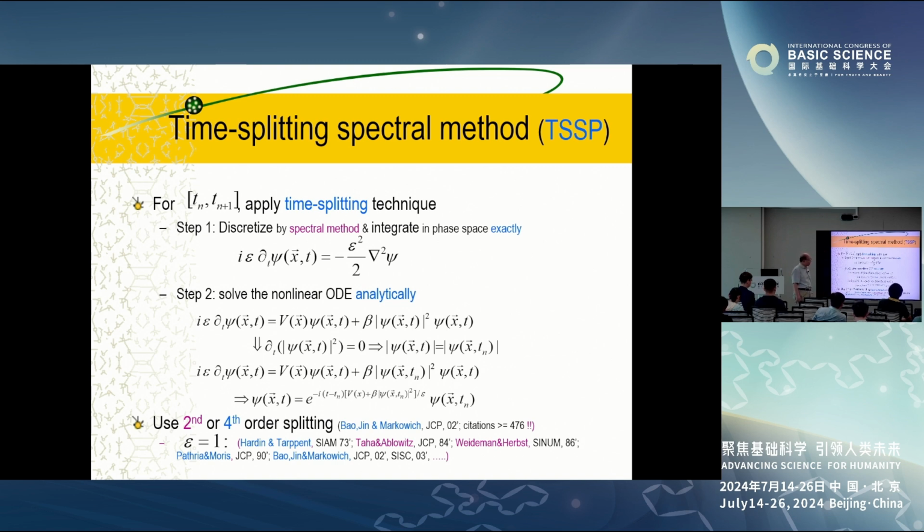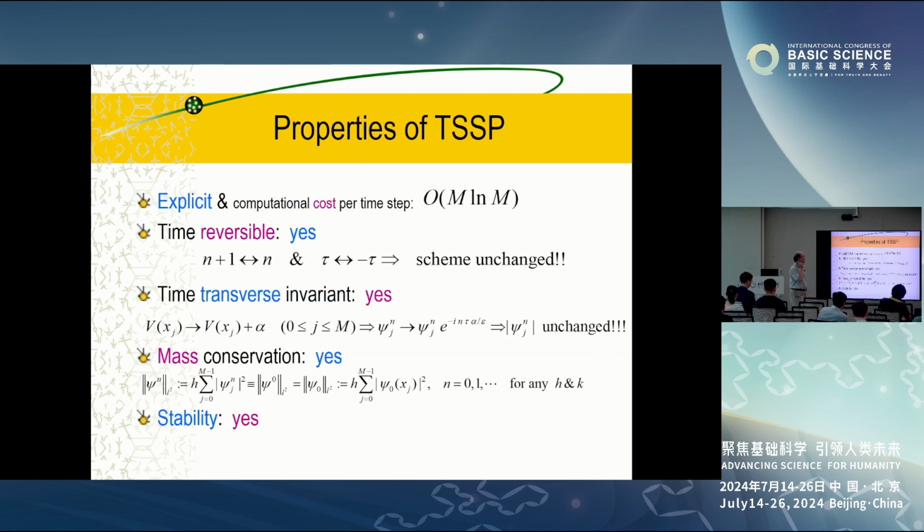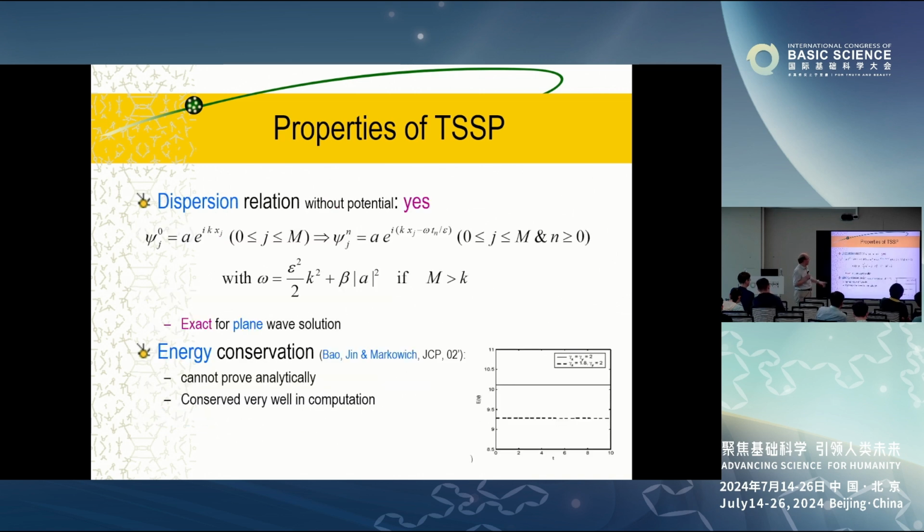But we find this scheme has very good resolution in the so-called semiclassical regime. The scheme has good properties. Computationally it is very efficient thanks to the Fourier transform, and it is time reversible, time transverse invariant, yes. Mass conservation, yes, so L2 stability is no issue, and also the dispersion relation.